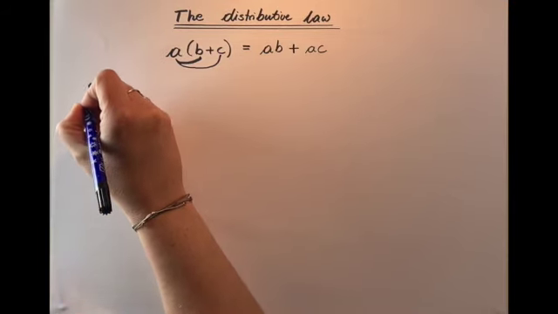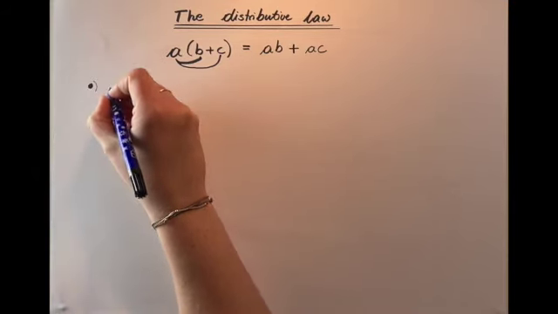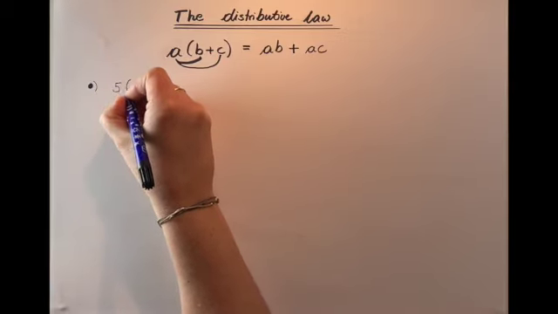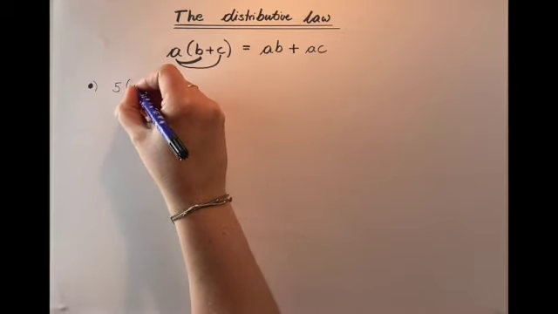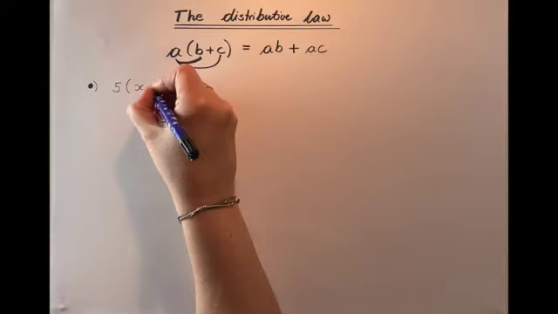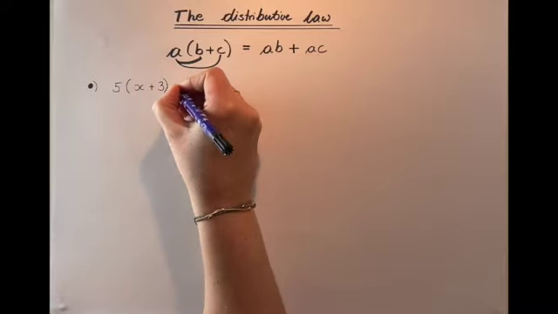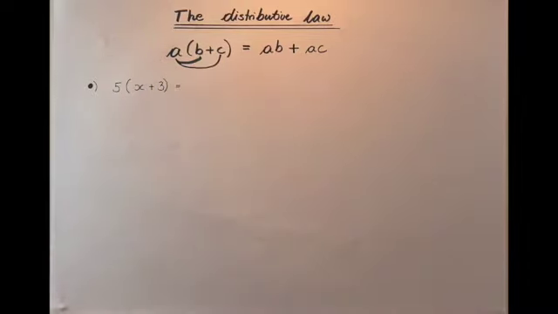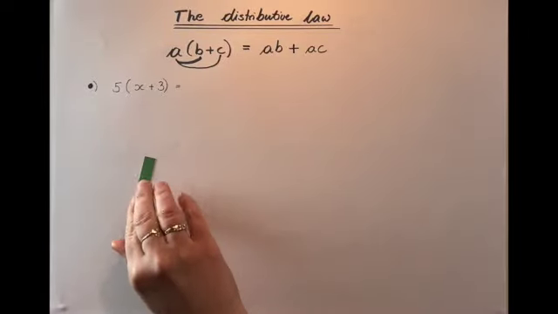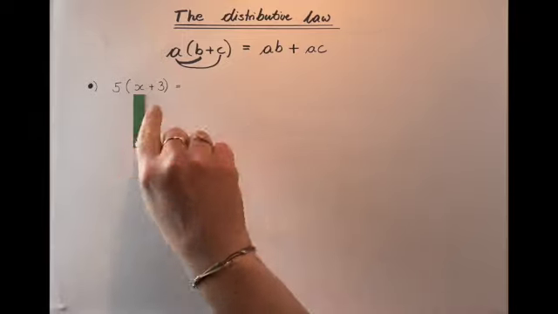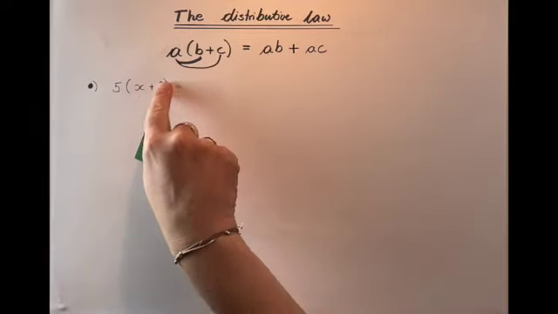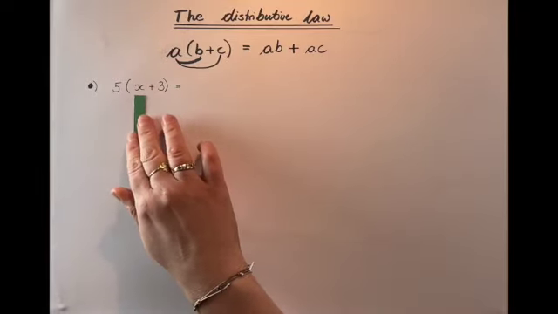First one. So let's say we have 5 times (x plus 3). The first thing I'm going to do is use my algebra tiles to represent the expression within that bracket here.